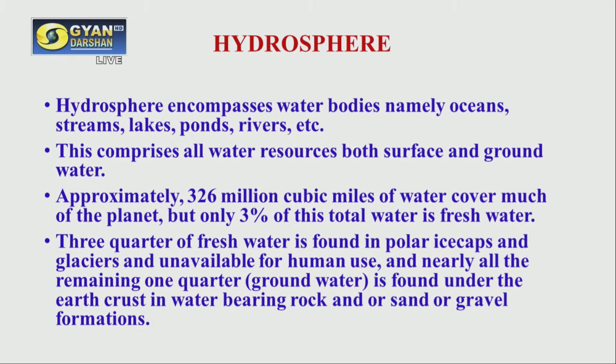Approximately 326 million cubic miles of water cover the planet, but only 3% of this water is fresh water that you can make available to life. And three-fourths of the fresh water is found in polar ice caps and glaciers, which is not available to human beings, because out of this 3%, the three-fourths component is in the glaciers, and this is not available to us.